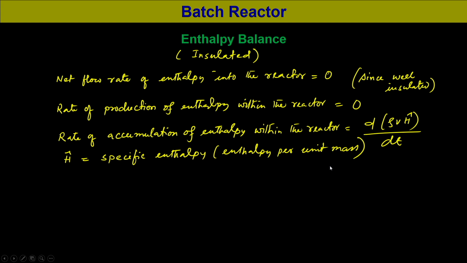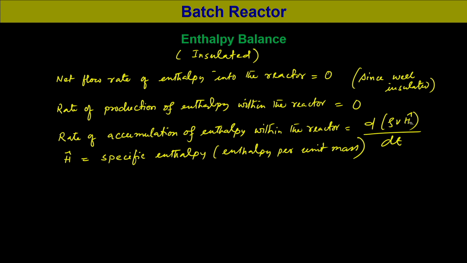Rho V is the mass of the fluid or the reactant, and h cap is the enthalpy per unit mass. So, this is the change of enthalpy with respect to time.